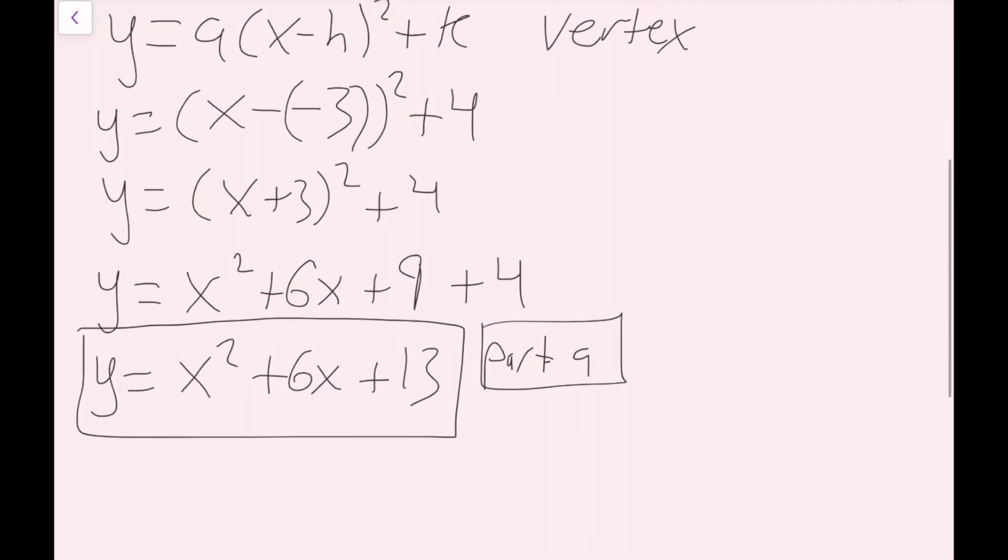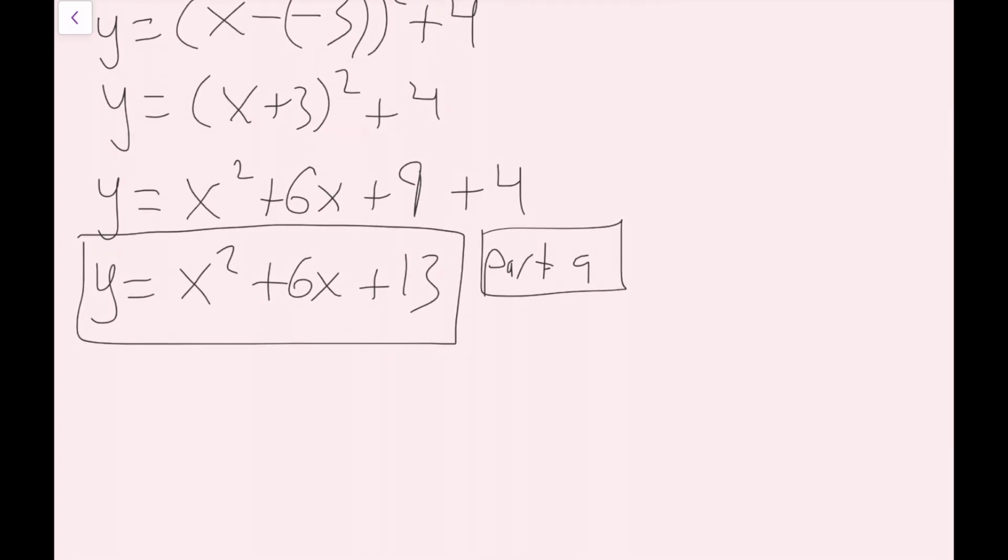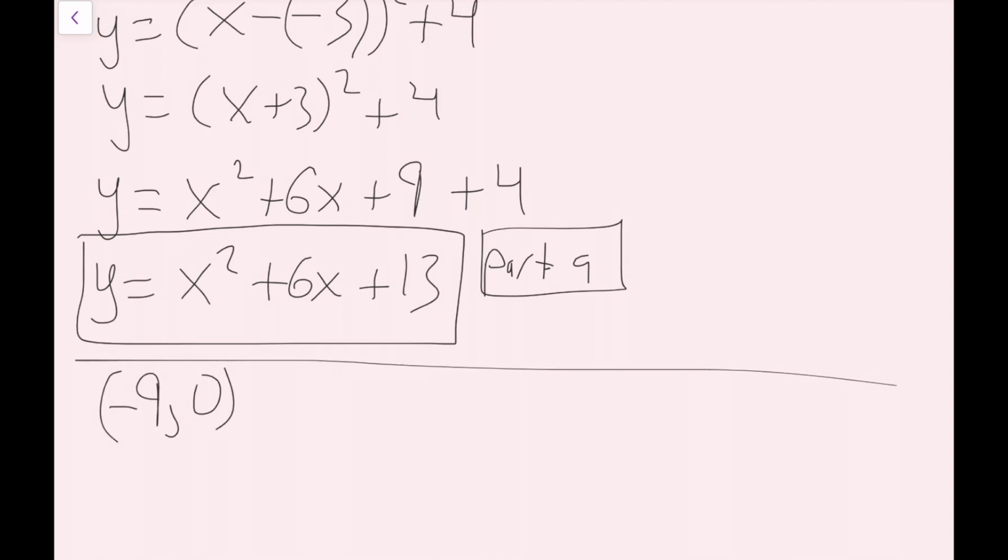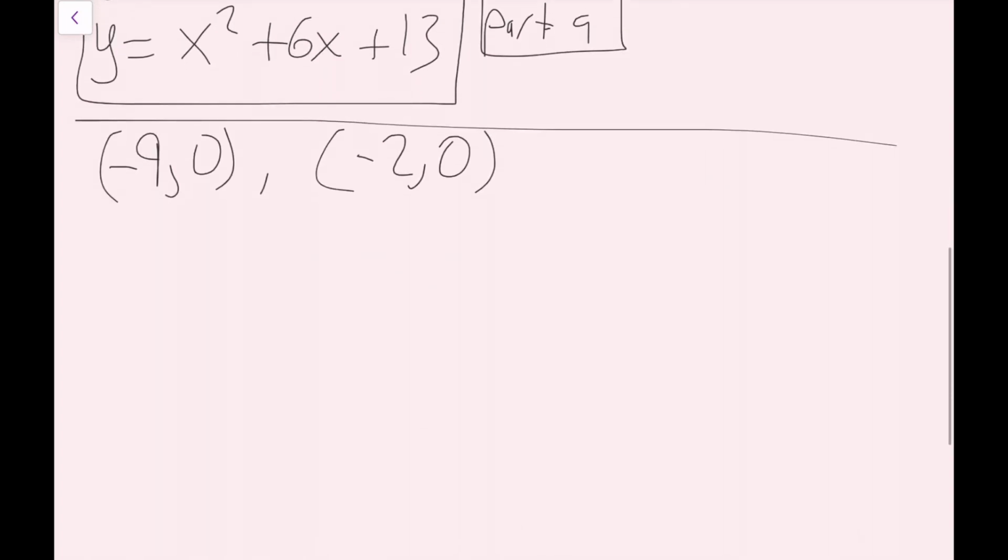So for part B, I have -9, 0, and then -2, 0. We'll start with that. Because these are both x-intercepts, -2 and -9 are zeros. So one way to see this is if I set x equal to -9, all I have to do is add 9 on both sides, and now I have x plus 9 equals 0.